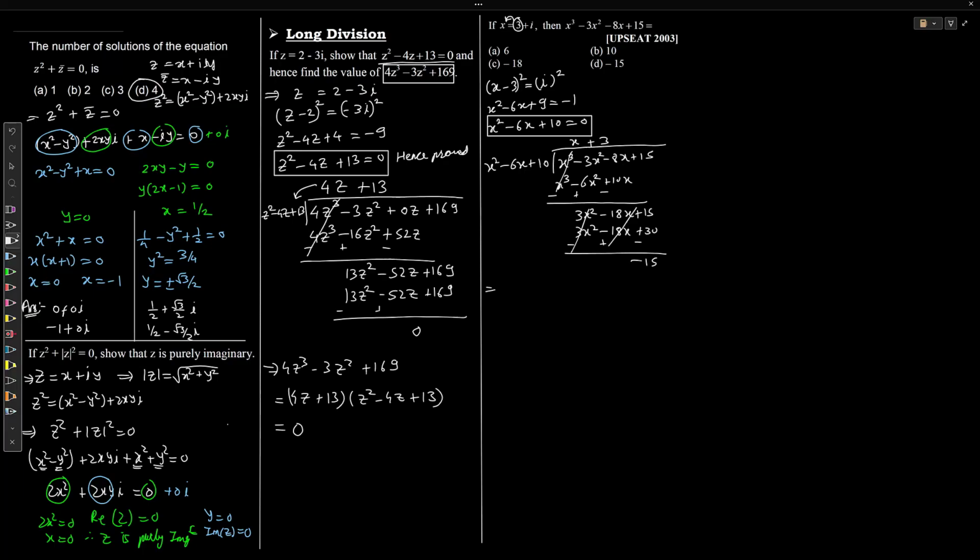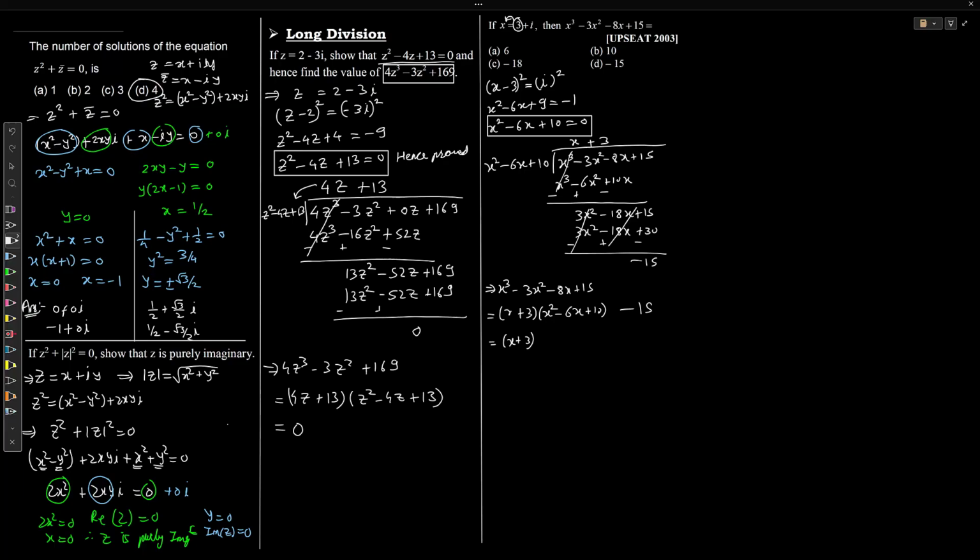So we can say x cube minus 3x square minus 8x plus 50 is equal to the product of these two polynomials, x plus 3 into x square minus 6x plus 10, and your remainder 20.